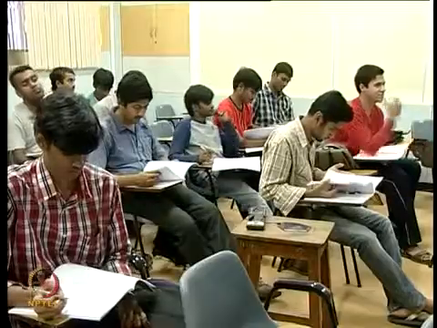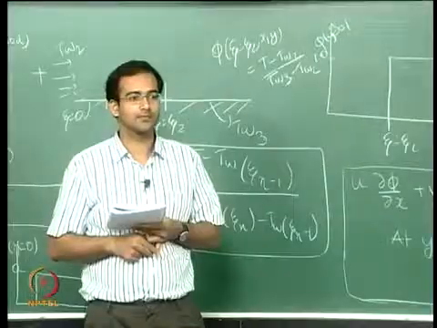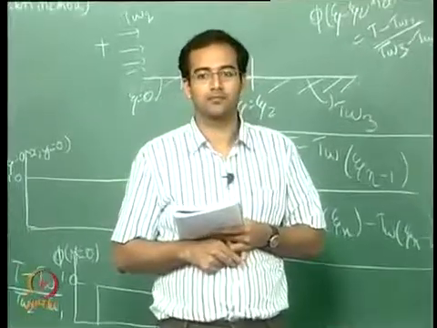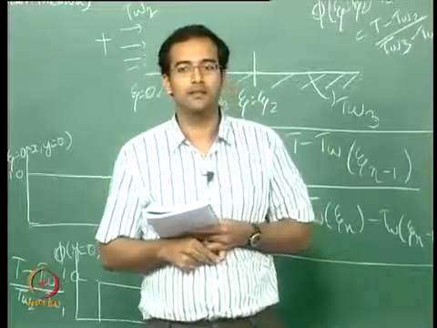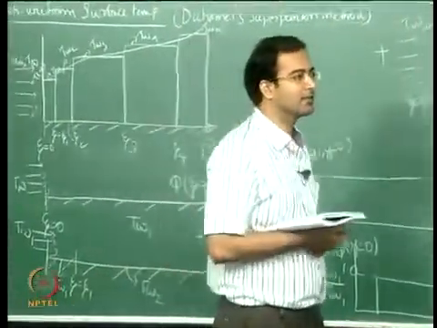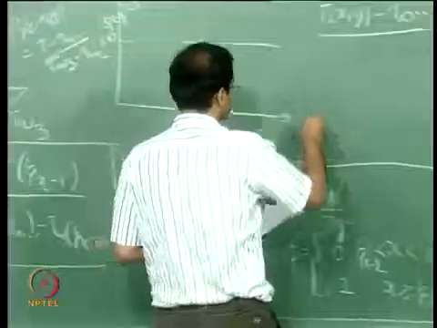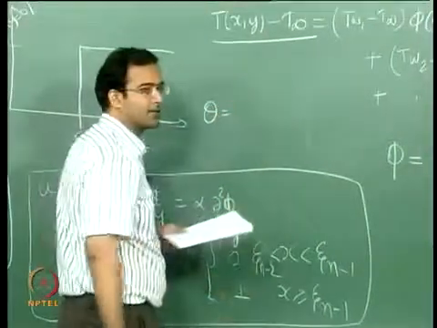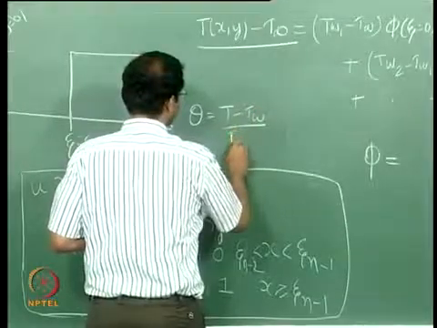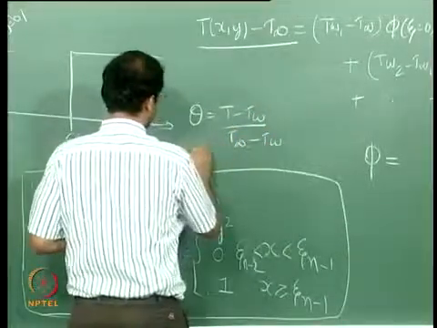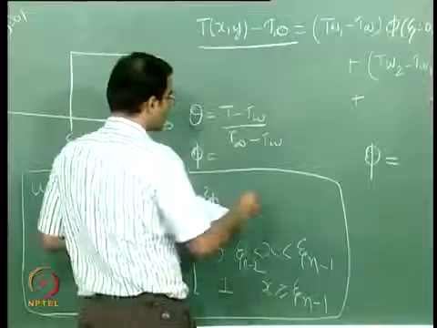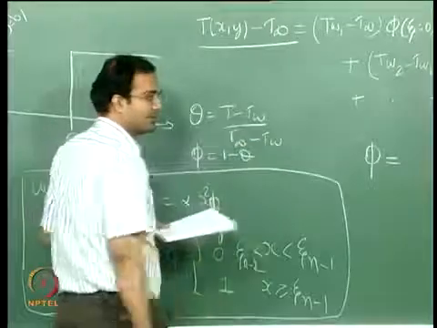Why? Signs have changed. How did we define the non-dimensional temperature theta when we were fitting a cubic profile? T minus T wall by T infinity minus T wall. So my phi should be 1 minus theta.